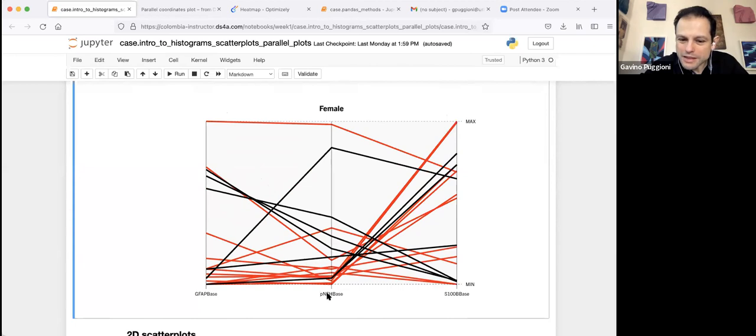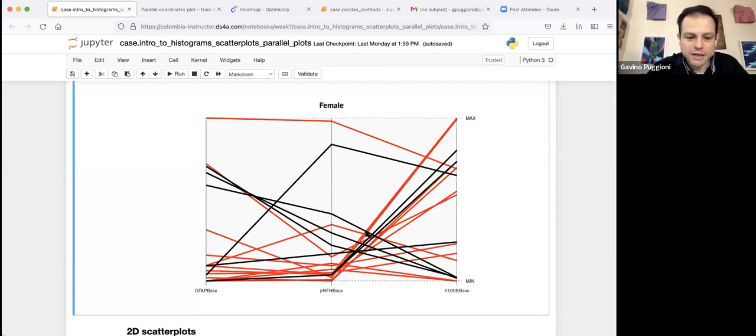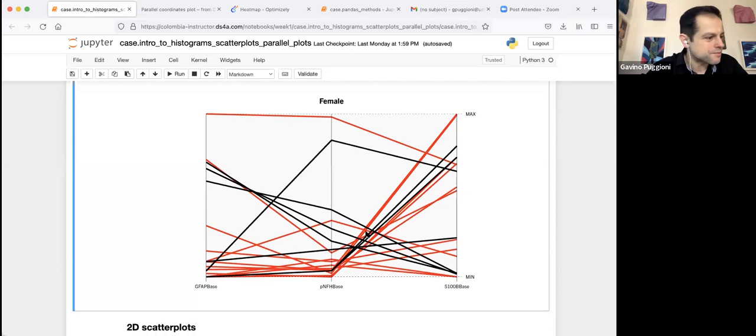However, for the female, the PNFH seems to be very informative for the probability of recovery, although there are several cases of no recovery that are more uncertain. So definitely the situation seems to be less clear-cut when it comes to females.